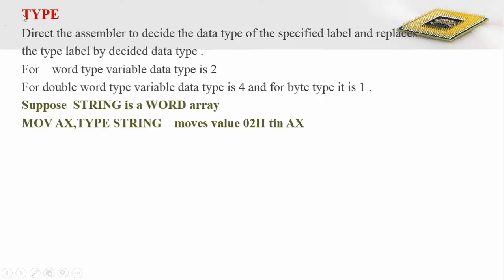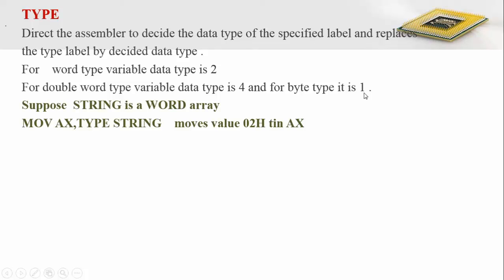For example, the type of a word value is represented as 2, the type of a double word value is marked as 4, and the type of a single byte value is marked as 1.